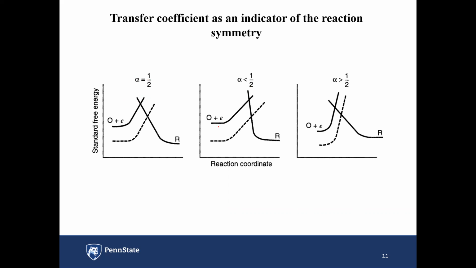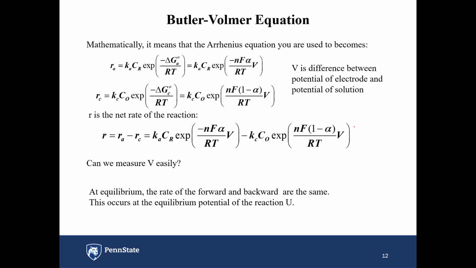And if the reaction is prone to happen forward, right, from the oxidation reaction to the reduction, then that means alpha is smaller than 0.5. And if it is the other side, then alpha is larger than 0.5, right?